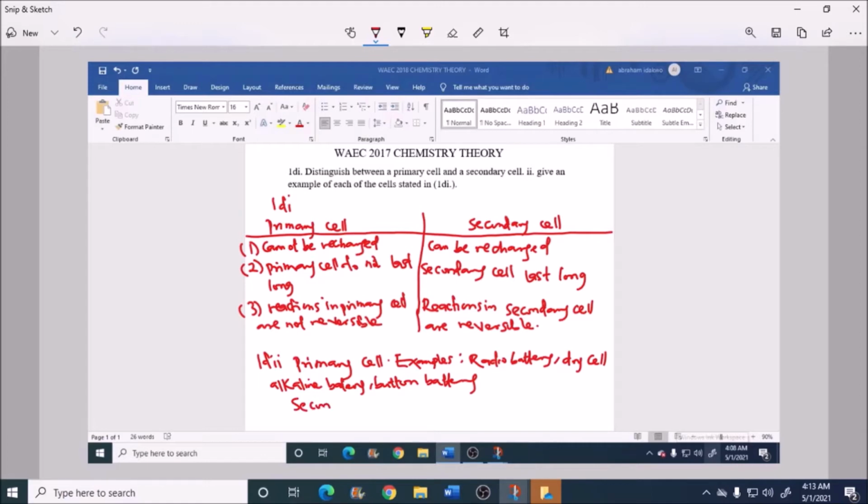The examples of secondary cell are lead acid, which is one of the examples of secondary cell. Then we have battery in rechargeable lamp.